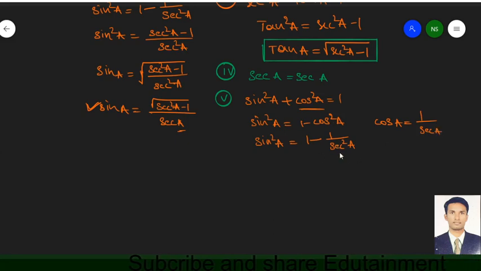So from that we can write like this. Sine A, the sine also we can write here.